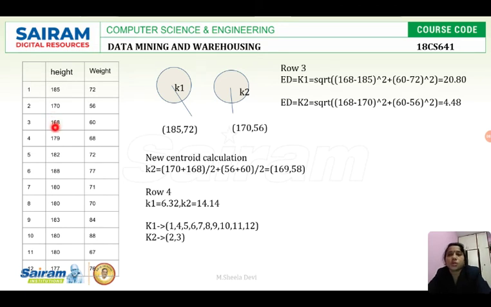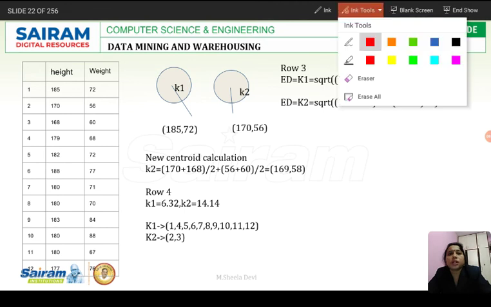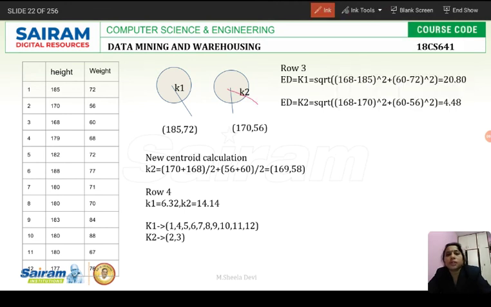It is 168. So 170 plus 168 divided by 2, comma, 56 plus 60 divided by 2, which is equal to 169, 58. So this will be the new centroid value of K2. Clear? Now I will change it to 169, 58. I have to delete this.